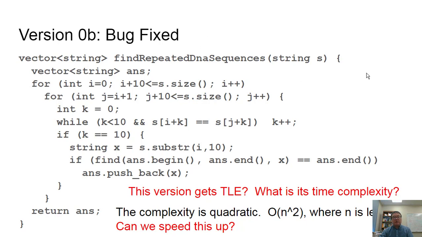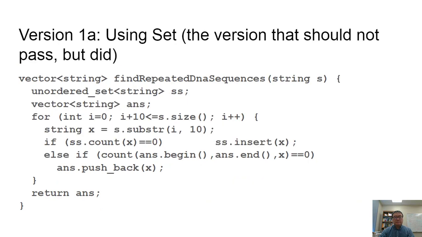We are trying to find out whether a substring appears again, and this is something a set can provide. So this is a version that uses a set to check whether a string appeared more than once. We start from all possible starting positions, take the substring, and check whether this string already exists.